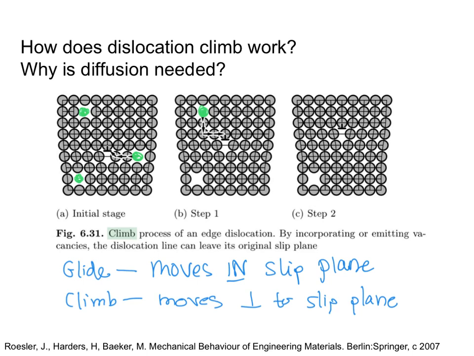So it is kind of relieving the stress of the dislocation if this vacancy moves over here. So there's some additional driving force for this diffusion process to happen. So that's how dislocation climb works. We won't talk about it too much more in class, but as we talk about dislocations interacting and overcoming obstacles, we can keep in mind that this is another way that dislocations can move.